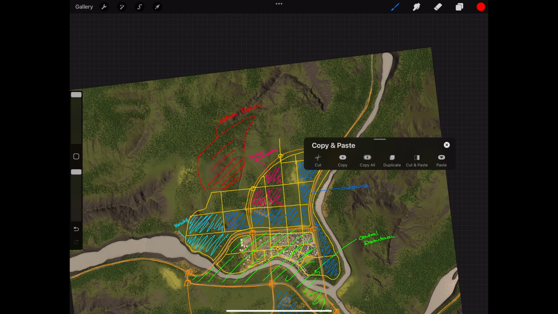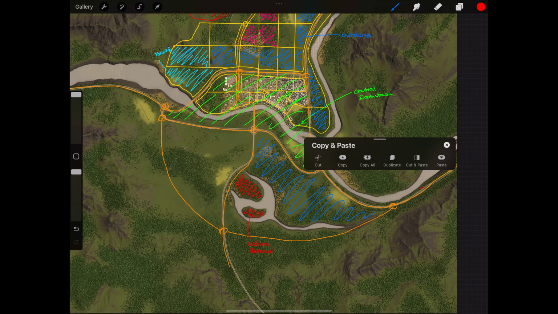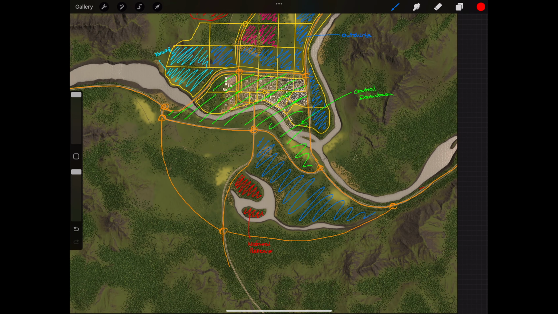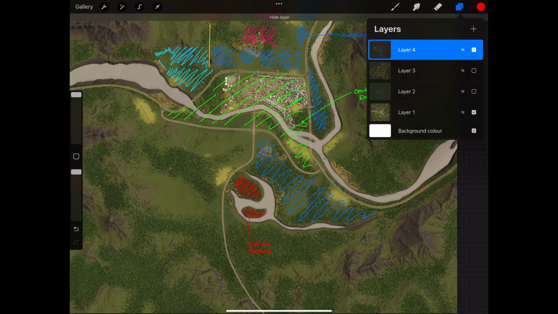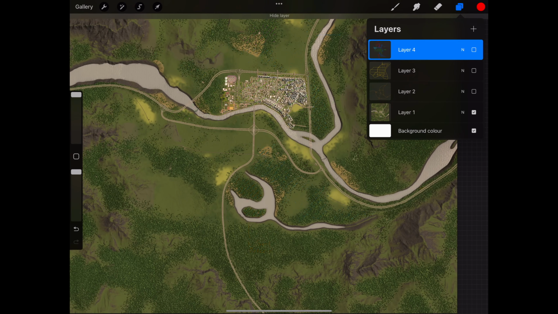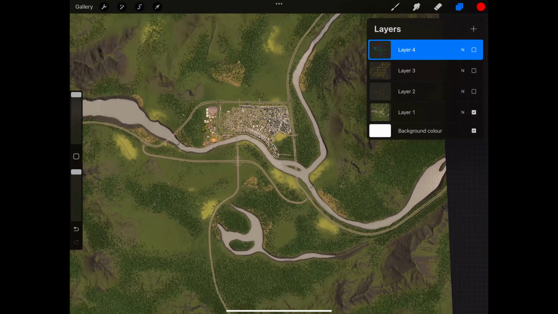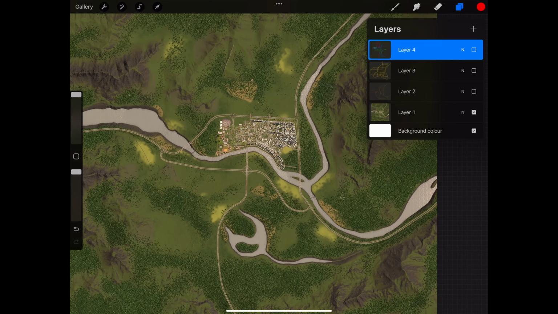And last but not least, there is another plan that I'm following, and I will tell you about this in a second. So right now I would just like to show you again the whole roadmap and the whole layout that I added to my city of Springvalley.